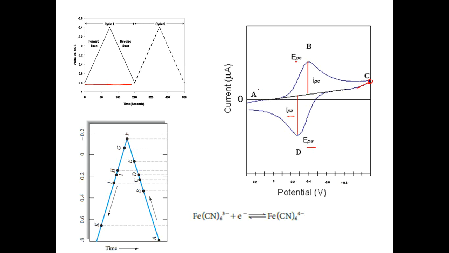Let's see how the cyclic voltammogram is obtained. It is called a cyclic voltammogram because the current-potential curve is cyclic in nature, which is why it is called cyclic voltammetry. Let's look at the cyclic voltammogram obtained for the ferricyanide-ferrocyanide couple.